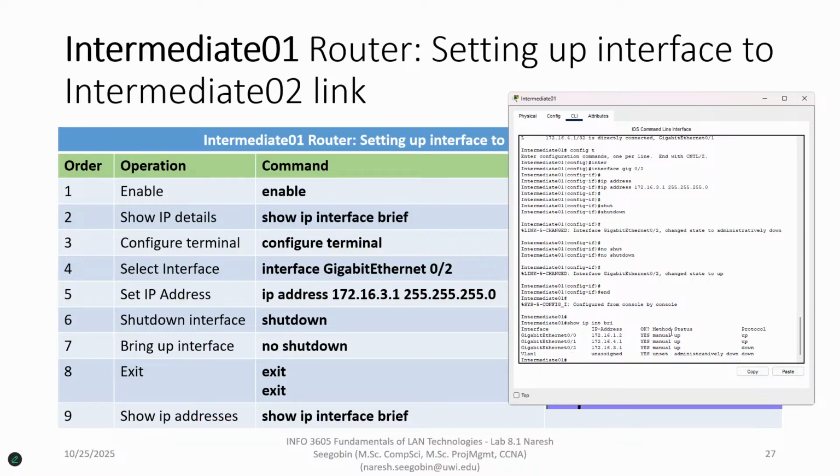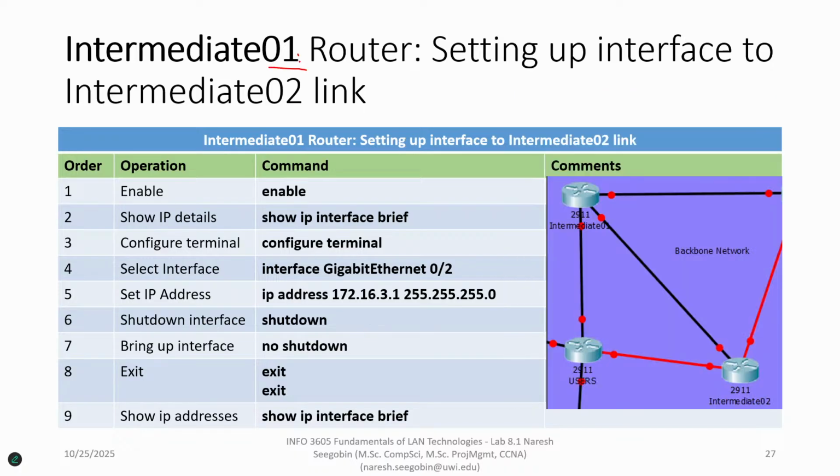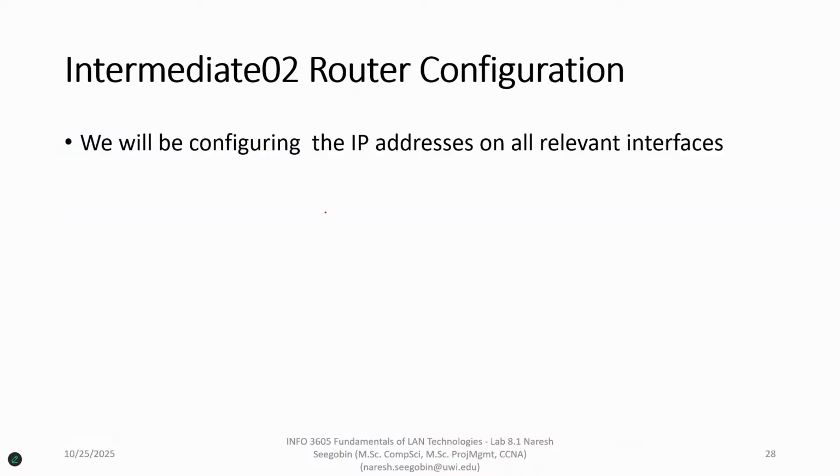That's why it's still in the down state. If you do a show IP route, you're still going to see only 2 routes connected here. Right now we did 3 configurations. We finished intermediate 0, 1. So now we're going to deal with intermediate 0, 2.